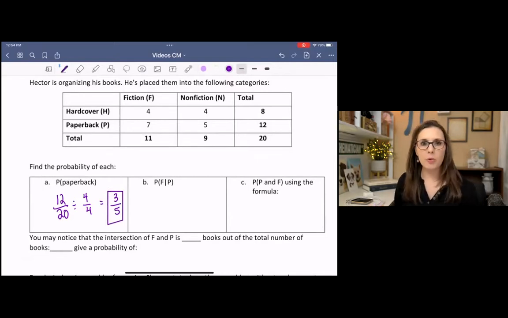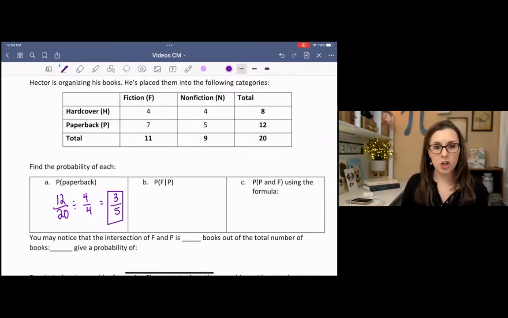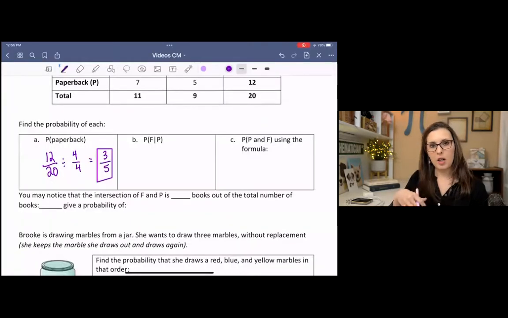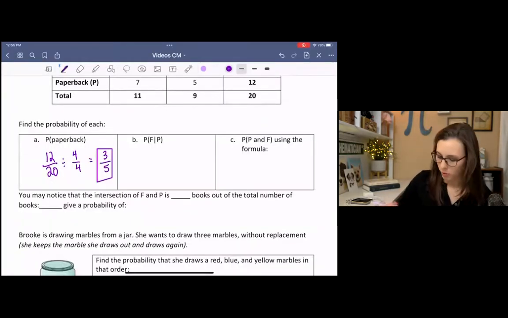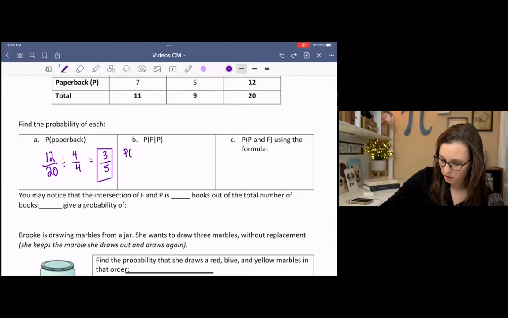And then find the probability of fiction given that it's paperback. I'm going to start this one with the formula. And if we're using the formula, we have to do the intersection. Whoops, I used the wrong letters. F, fiction and paperback, and then the probability of paperback.